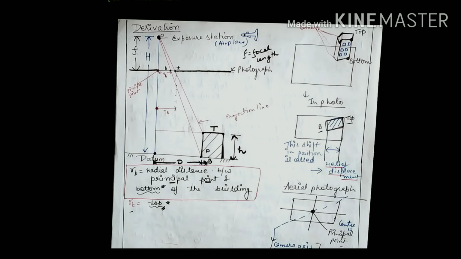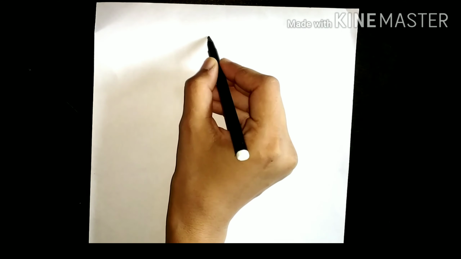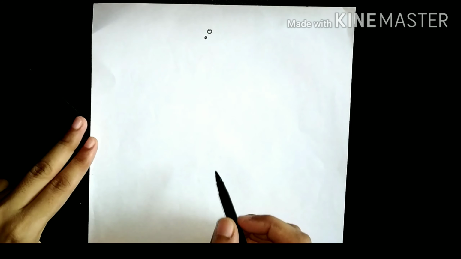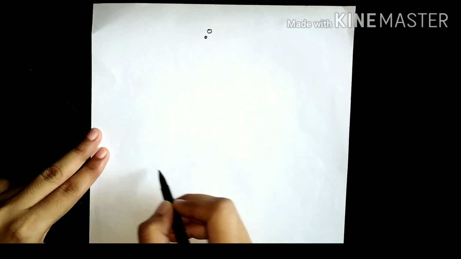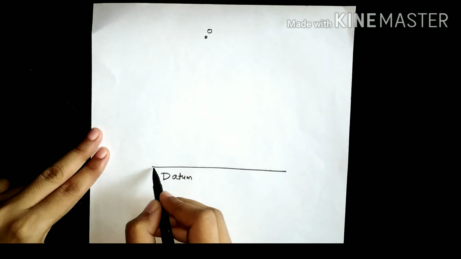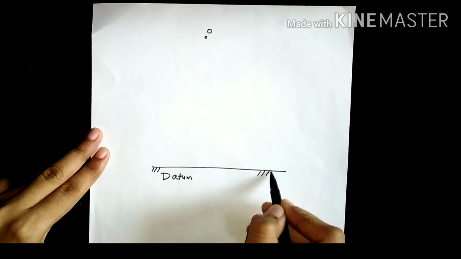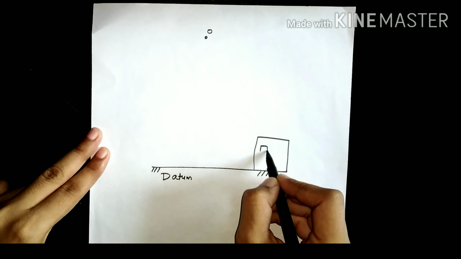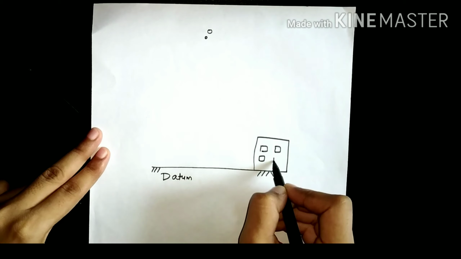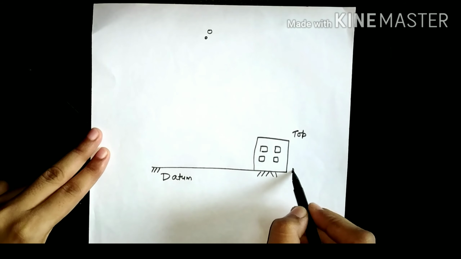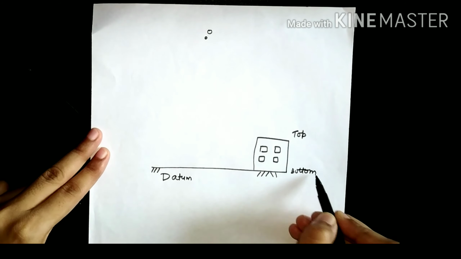Let us draw the diagram again. This is O, the exposure station. This is the datum line, or ground. This is the building to be photographed. This is the top and this is the bottom of the building.